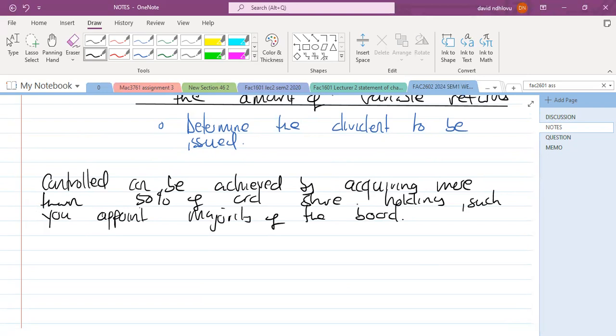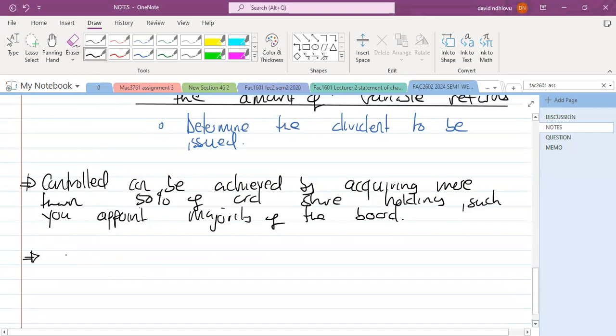So if a board has got 5 members, the one with more shares can appoint maybe 3, and therefore maintain control, because their sponsored board members will make decisions on behalf of the company and take instruction from them. So if you have more than 50% of the shares, you can outvote everyone in the board meeting. However, it doesn't necessarily mean that anyone without 50% cannot be the parent.